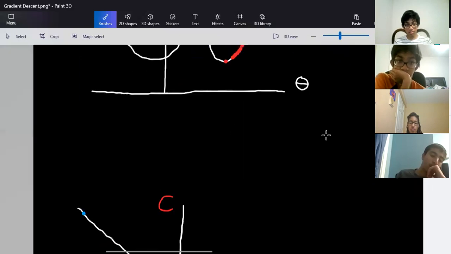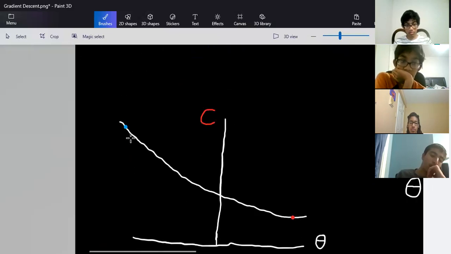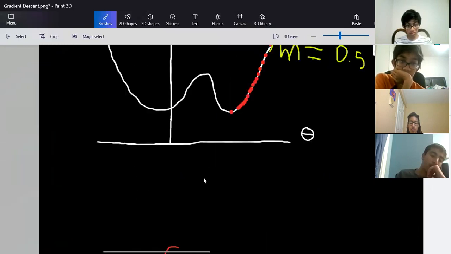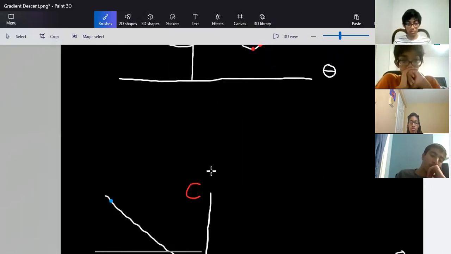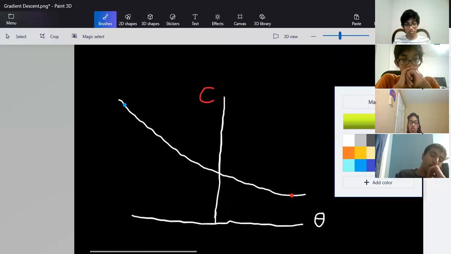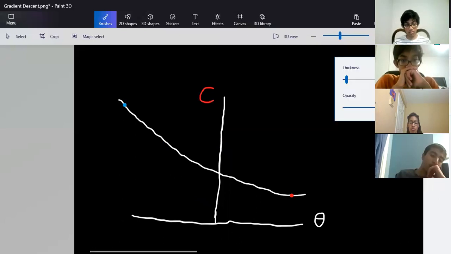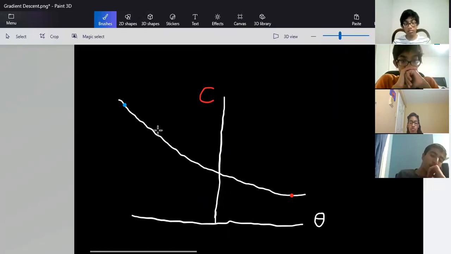And we'd want to do that if we have a shallow graph like this and the slopes we're getting are always really small. So instead of having these slow updates, this one, then this one, then this one, the rate of learning of the algorithm gets larger because we might get larger jumps. We go from here to here to here to here, and eventually we make our way more quickly to the lowest value.